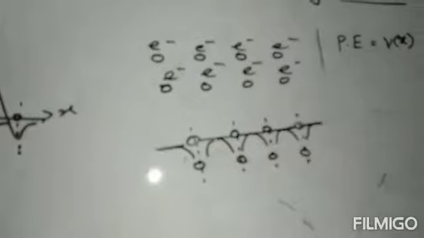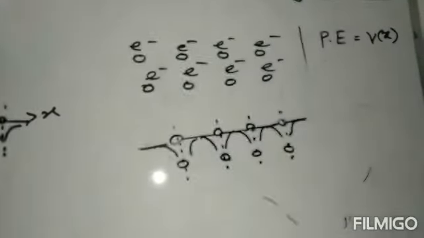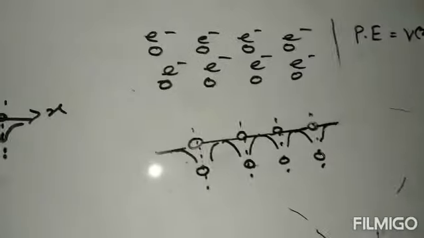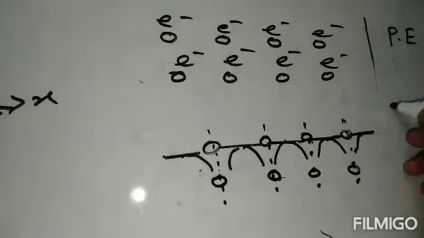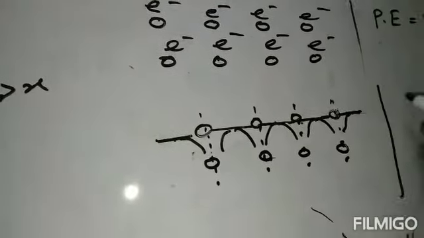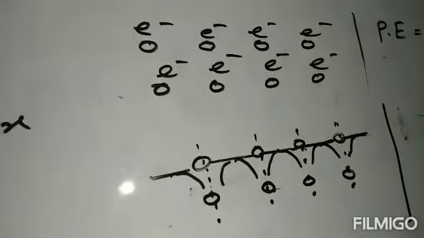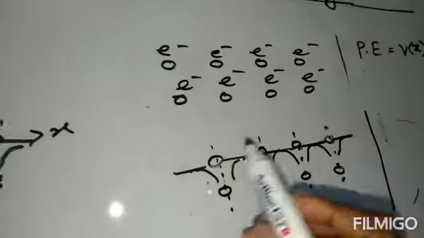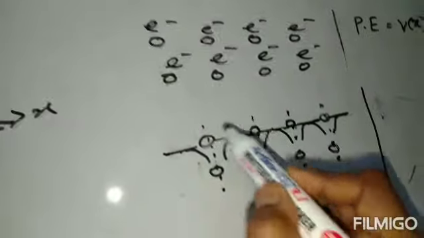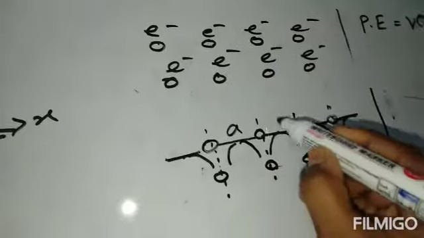So if we consider the potential energy of this periodic lattice, at first we have to discuss another thing about the periodic lattice. In between these two lattice points there is a spacing a.